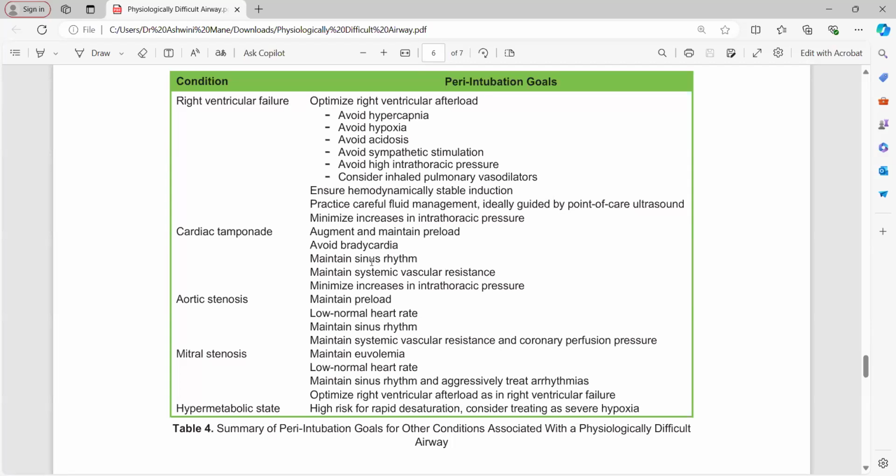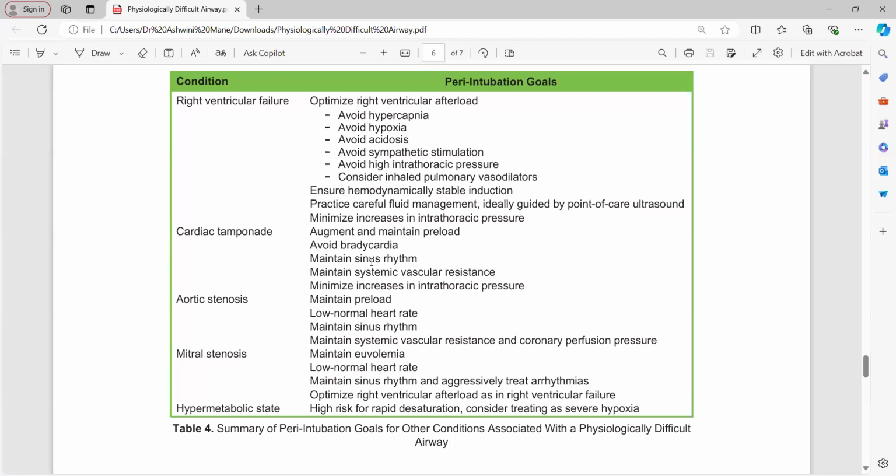Ensure hemodynamically stable induction. Practice careful fluid management, ideally guided by point of care ultrasound. If there is a cardiac tamponade, then augment and maintain preload, avoid bradycardia, maintain sinus rhythm, maintain systemic vascular resistance, and minimize increase in intrathoracic pressure.